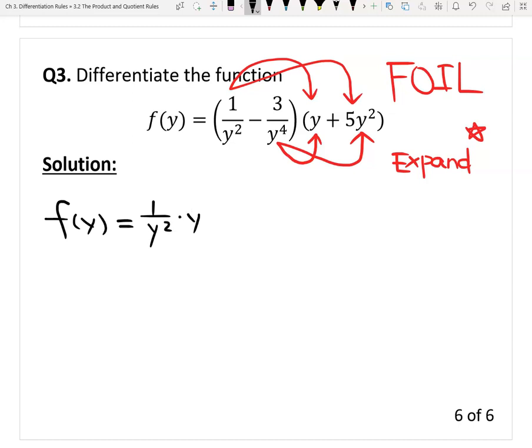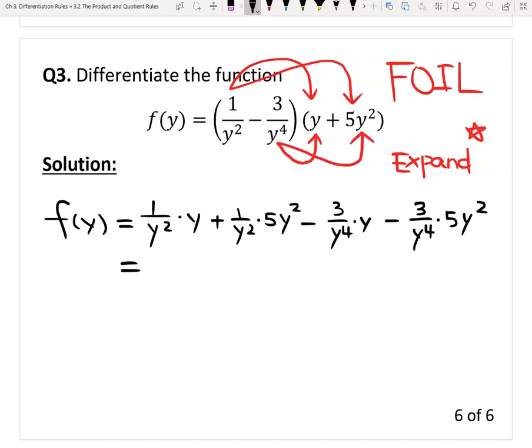What is the outer? The outer is this, so here times 5y squared. This is the outer. The inner is minus 3y raised to the 4th power times y. How about the last? The last is minus 3 over y raised to the 4th power times 5y squared. Very long, but don't worry.